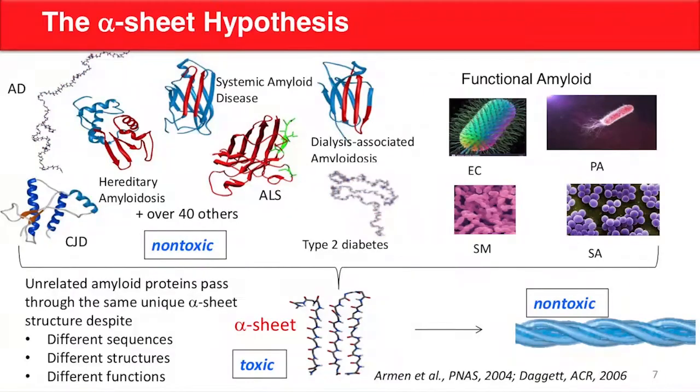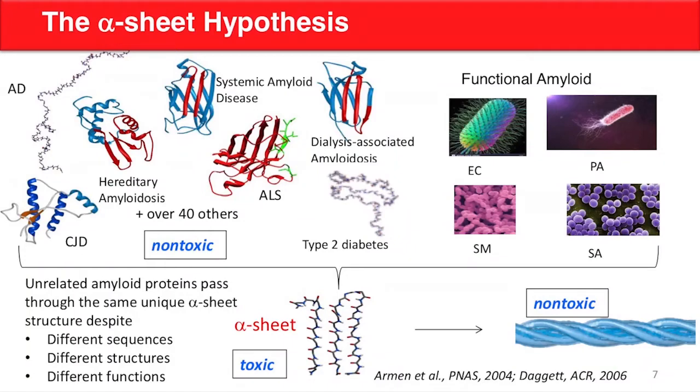Now, after the alpha sheet forms, it goes on to form the non-toxic fibrils. On the right-hand side, I won't be talking much about this, but it's now known that a number of bacteria make amyloid fibrils for stability, for what's called biofilms, to protect themselves from the host immune response and antibiotics.